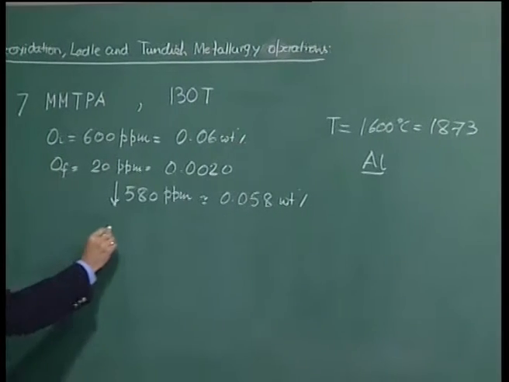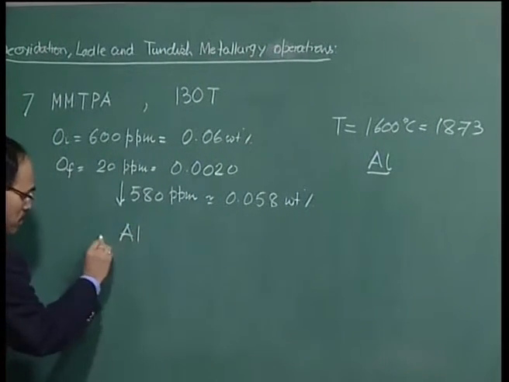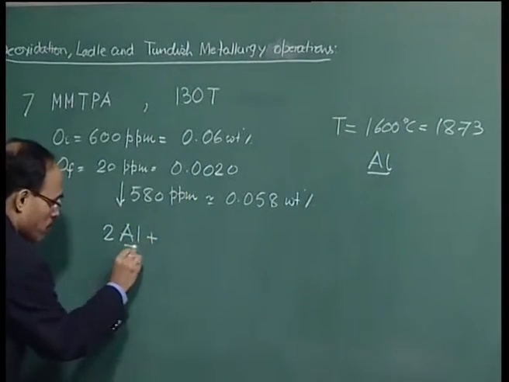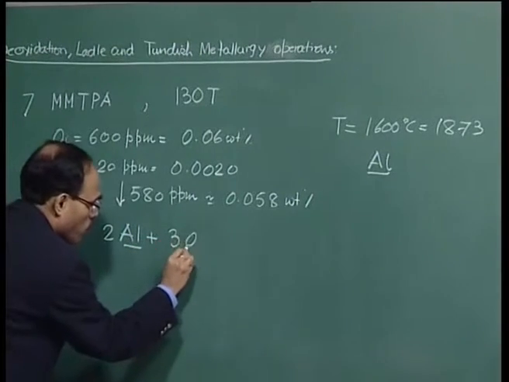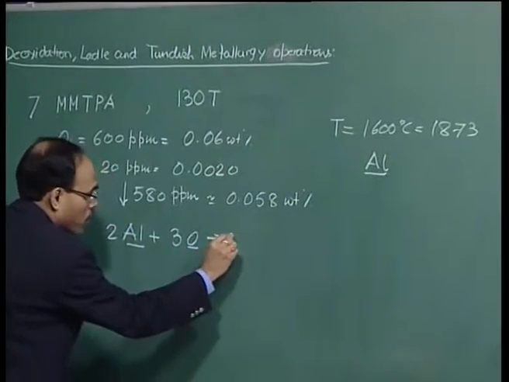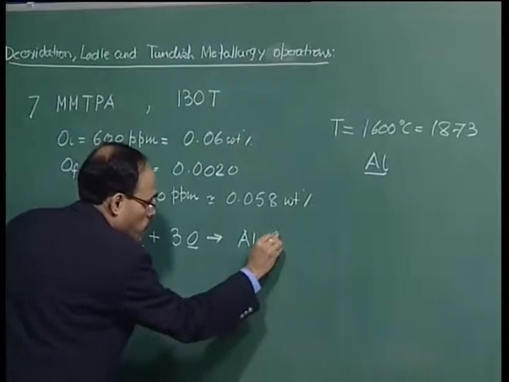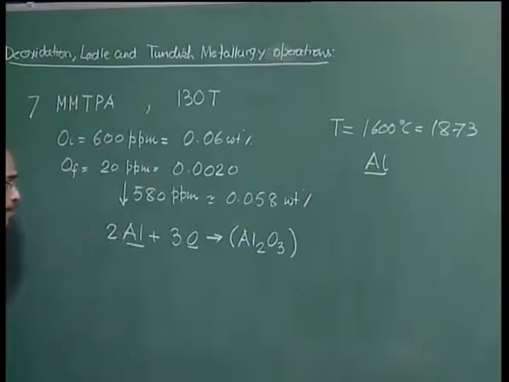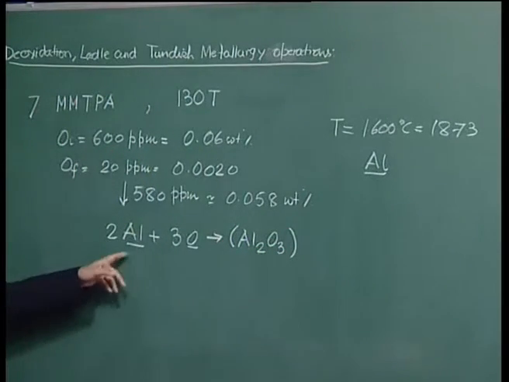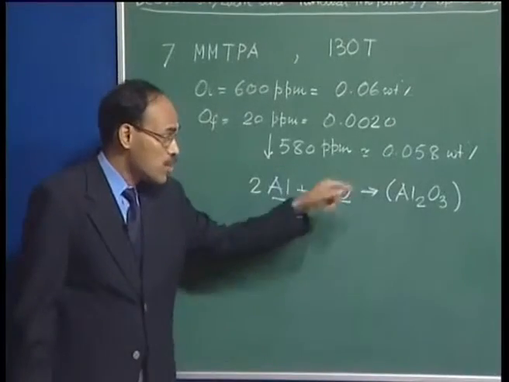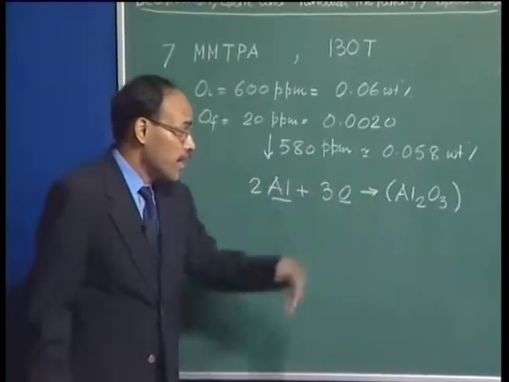If you talk about the reaction between aluminum and oxygen, this is 2 atoms of dissolved aluminum reacting with 3 atoms of dissolved oxygen, producing Al2O3.